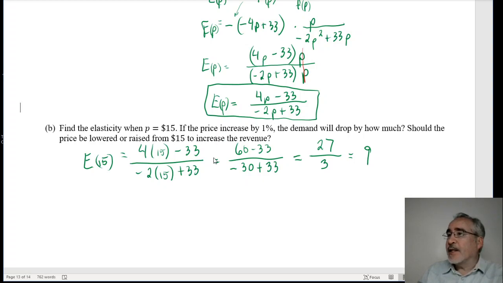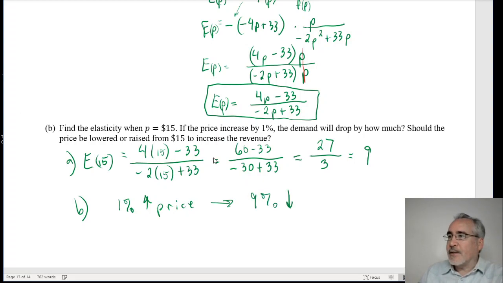Okay, so what does that mean? When the price increases 1%, we'll call this, so this is like the B question. The demand will drop by how much? 9%. That's what it means. So a 1% increase in price results in a 9% decrease in demand.